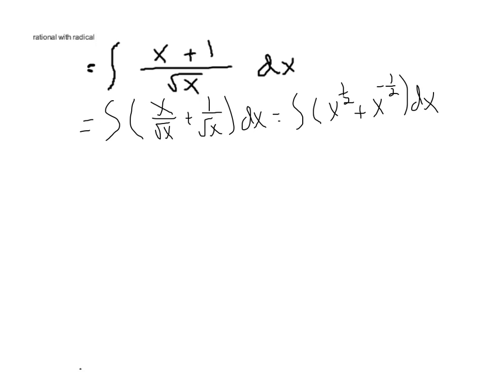And that is something that I can find the antiderivative of with the reverse power rule. That's going to be equal to x to the 3/2 with 2/3 as my new coefficient plus x to the 1/2 with 2 as my new coefficient plus c. So sometimes I gotta move some stuff around. I gotta do a little bit of algebra and get it in a form that I'm more comfortable doing the reverse power rule with.